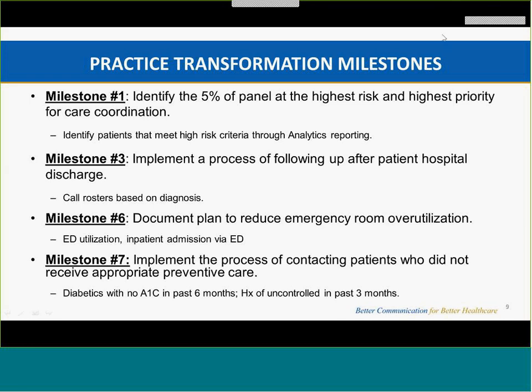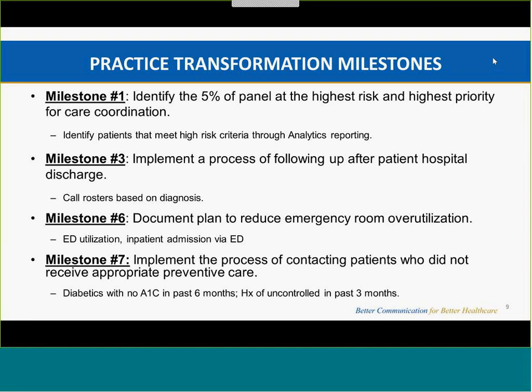No, it got loud. Okay, milestone number 7, implement the process of contacting patients who do not receive appropriate preventative care. So there's a few different ways that analytics can help you with this particular milestone. I came up with an example just to kind of get you thinking through this.